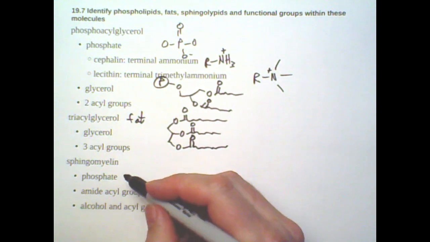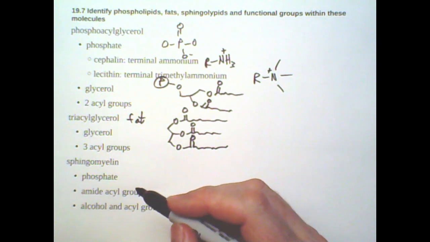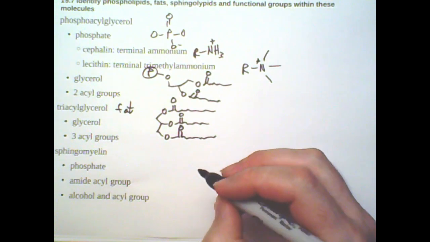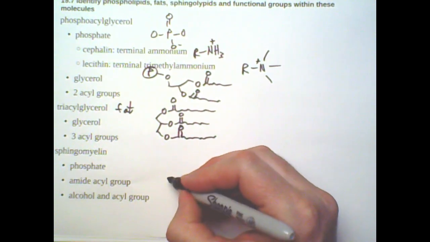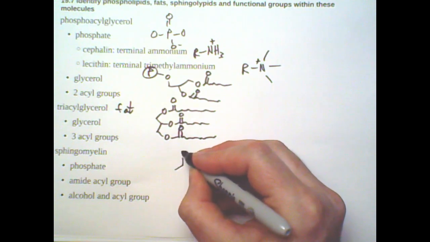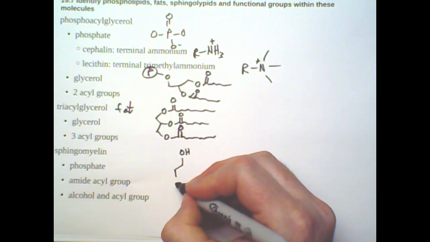And then there's one more group, sphingomyelin, and I'm not going to try to memorize the structure. It looks a little bit the same, but instead of glycerol, it's got these 3 carbons.